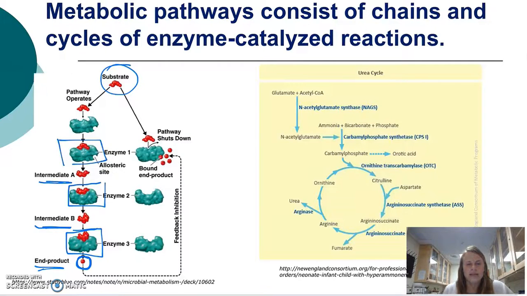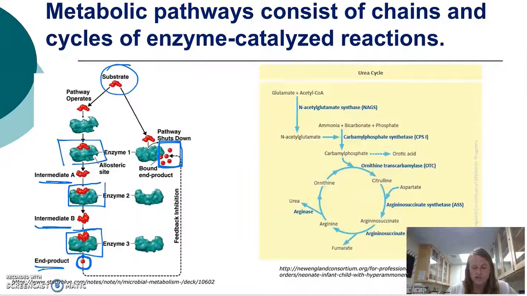Now let us say we have enough of this end product. We don't need to use energy through our enzymes, or to waste energy using our enzymes to make more of this product.